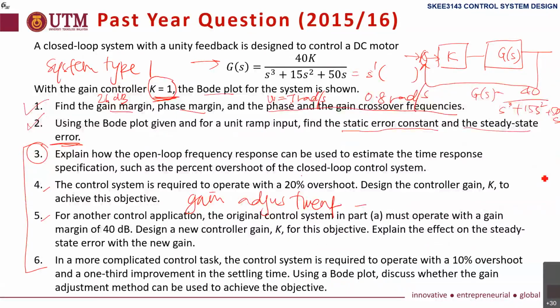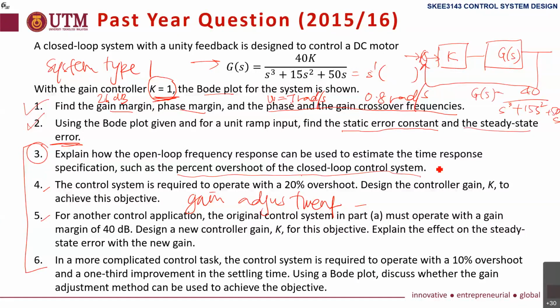Then question 3 is: explain how the open loop frequency response can be used to estimate the time response specification, such as percent overshoot of closed loop system. This question wants you to relate the Bode plot with the time response. You can refer to the previous note.